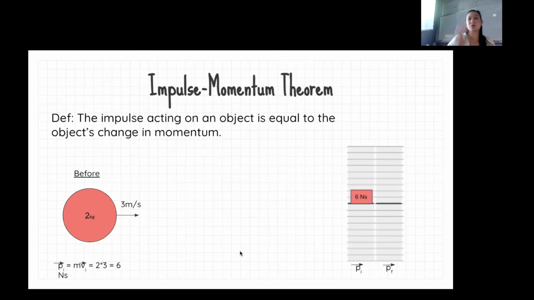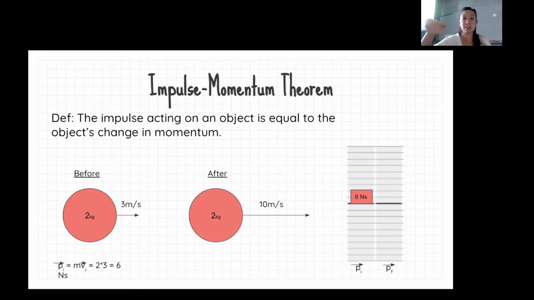Then some sort of force acts on it, and I don't know what force that is. Now this 2 kilogram object is going 10 meters per second. That has gained momentum. It has sped up. Its inertia stayed the same, but its velocity increased, so its momentum increased. And now its new momentum is 2 times 10, that's 20 Newton seconds. So how much impulse acted on this?